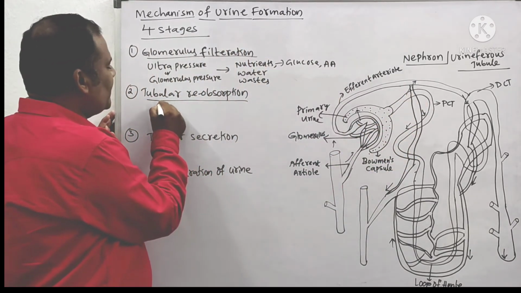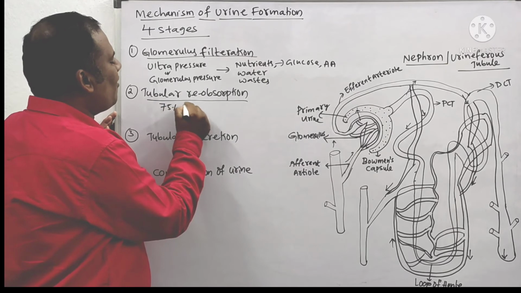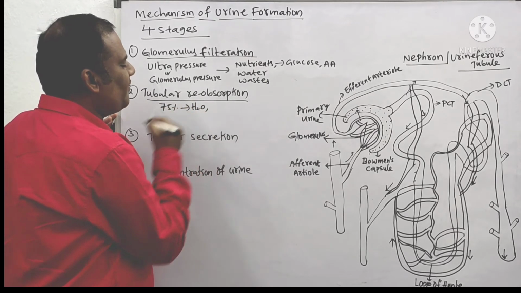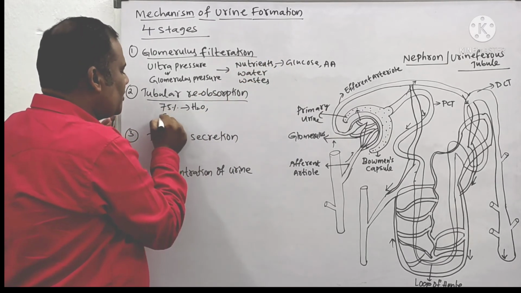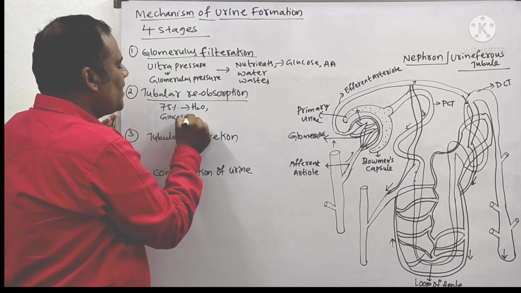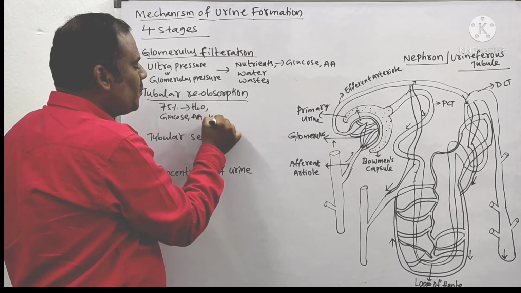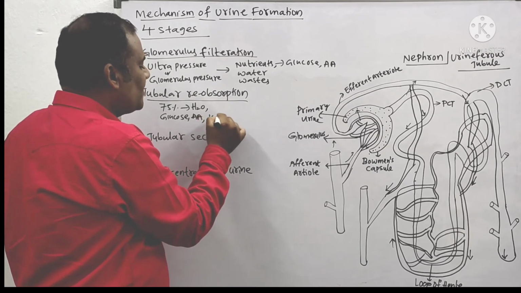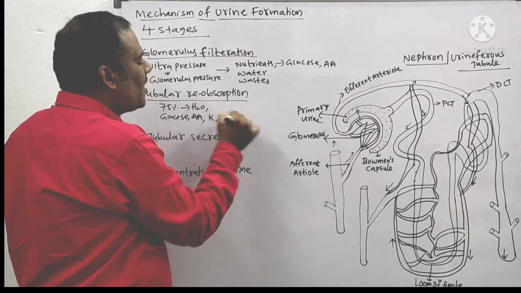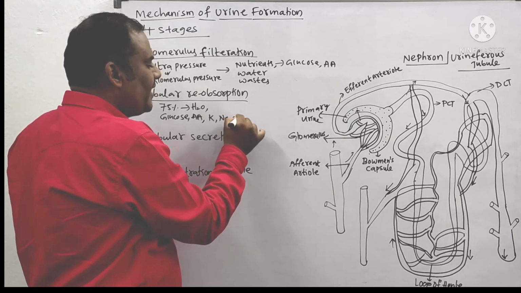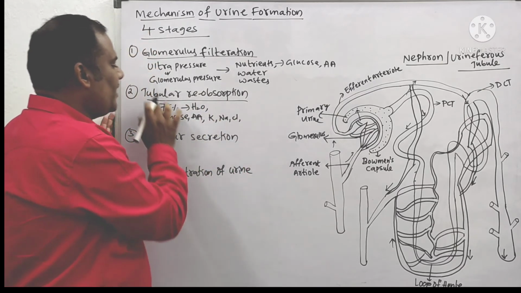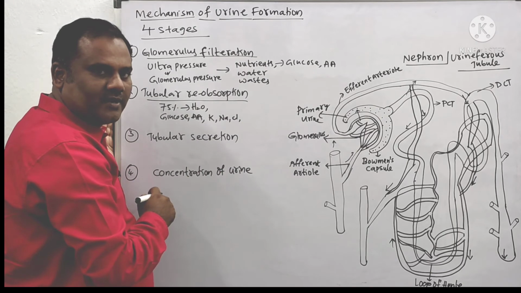What will be reabsorbed? 75% of water, and again the useful molecules like glucose, as well as the amino acids, as well as the salts like potassium, sodium and chlorine, etc. will get reabsorbed in the tubular reabsorption.